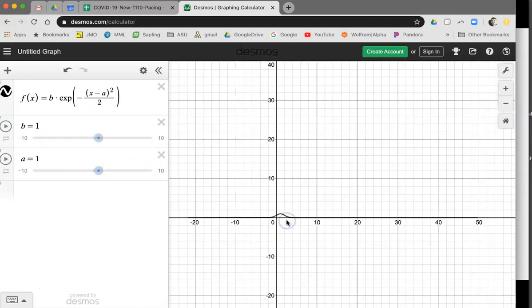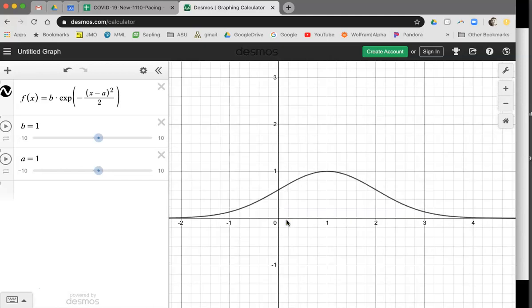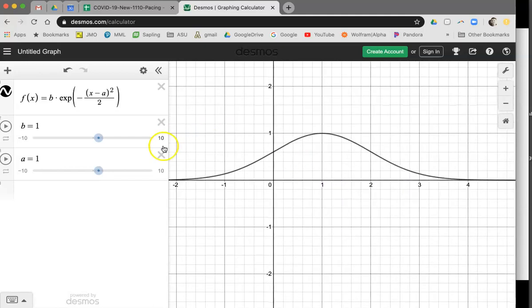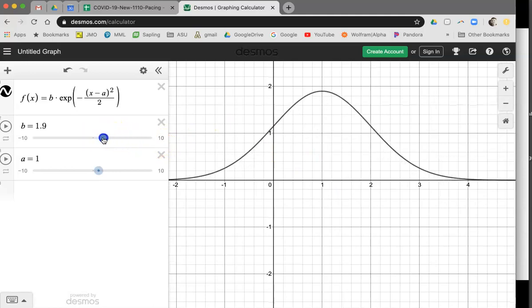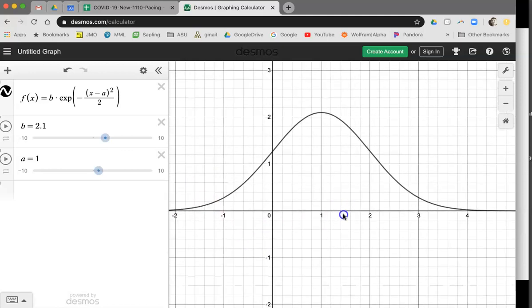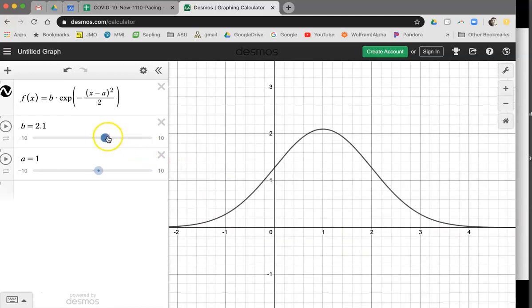Here is what that function looks like for a is equal to 1 and b is equal to 1. If you change b, we can see that the function is getting taller. We wanted the maximum to occur at x is equal to 0, y is equal to 3.